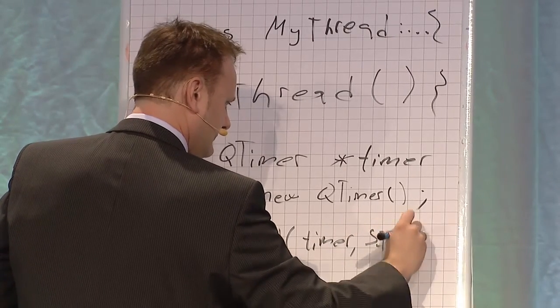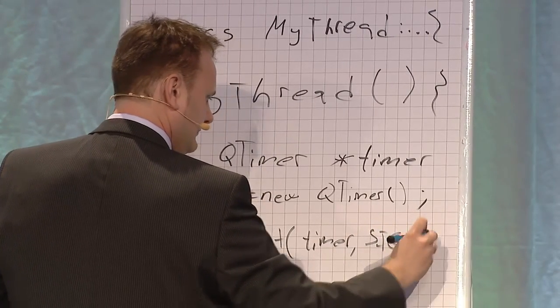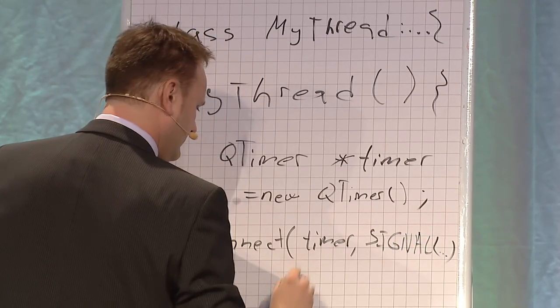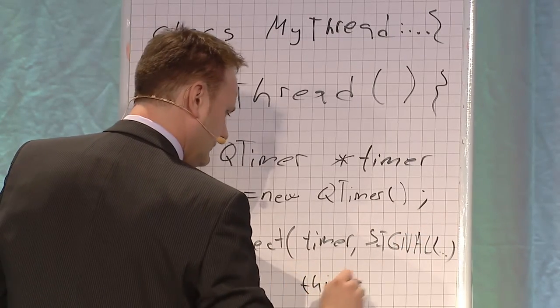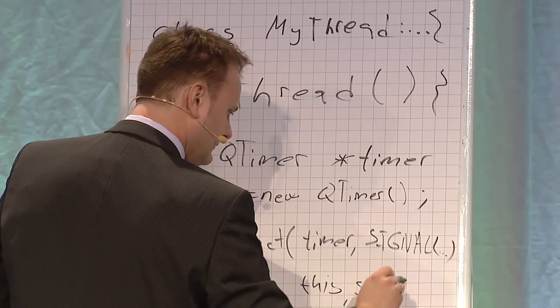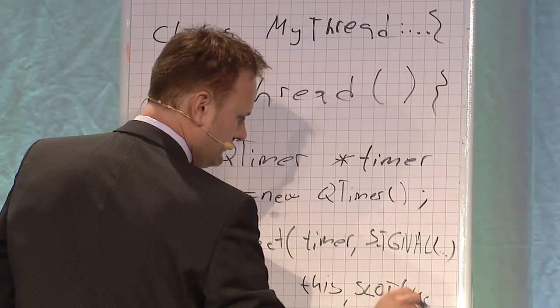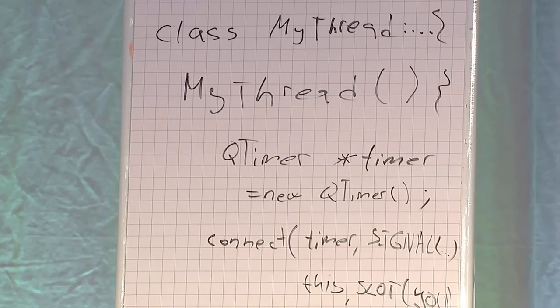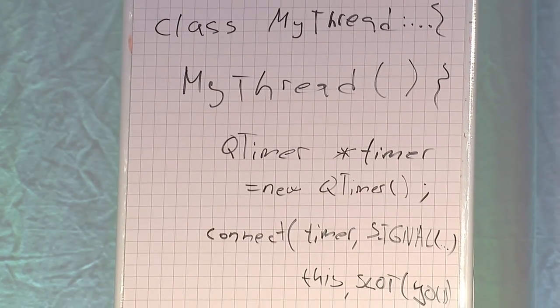Don't specify this as a parent for objects you create there. Since run is executed in the new thread, all the objects you create there without a parent will be created in the right thread. And if you connect to those, it will automatically work.